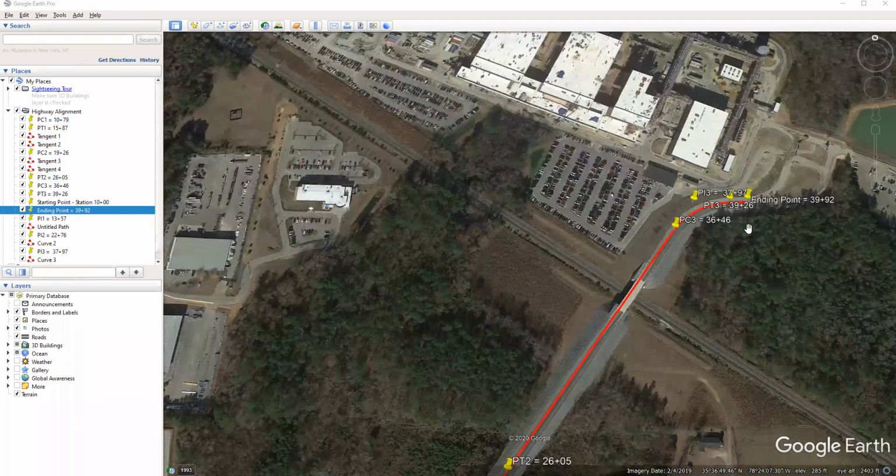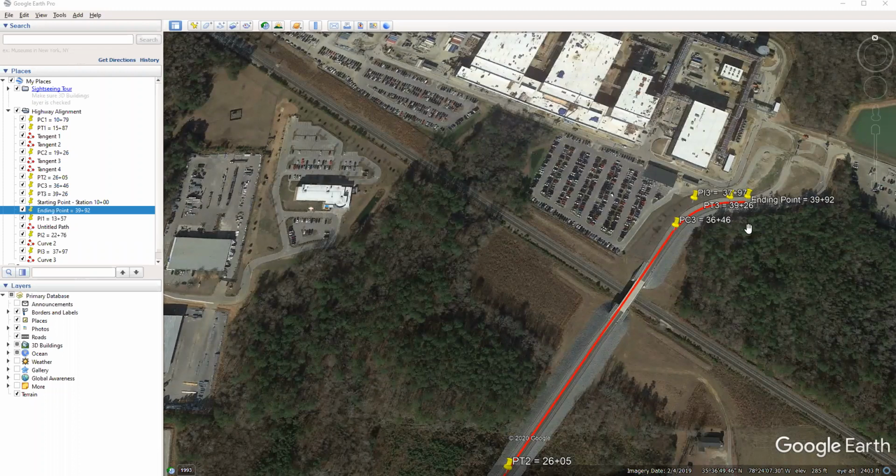And as we went along, we needed to use those PIs to establish those stations, and then we would subtract back the tangent distance and then add the length of the curve to establish that stationing along the full curve. And so this is how you would move along a traverse with tangents to establish the actual curve stationing for your horizontal alignment.